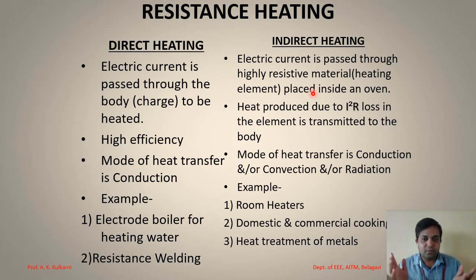That mode of heat transfer is convection, and from the outer surface we transfer heat in the form of radiation. So in indirect heating, we utilize all three modes of heat transfer.